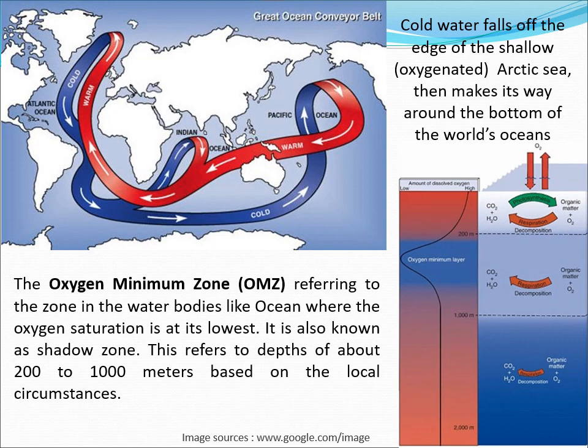Now you can see due to this circulation of oceanic water throughout the entire earth, the hot equatorial water goes to the polar region.